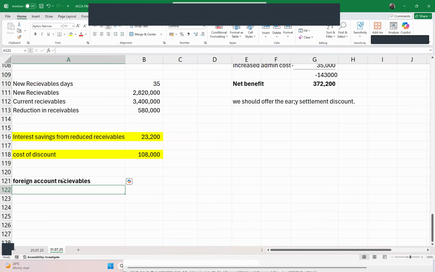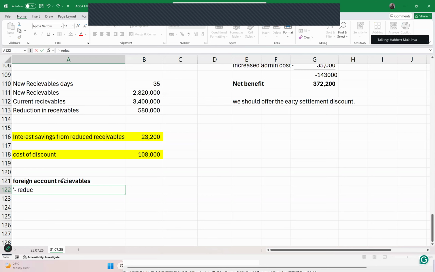Among all the other challenges that you have with normal receivables, foreign account receivables also have foreign exchange risk. So you can have a receivable of 5 million, but after some months you get 4.6.